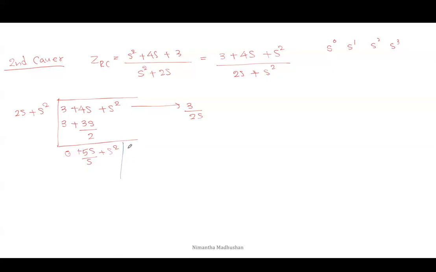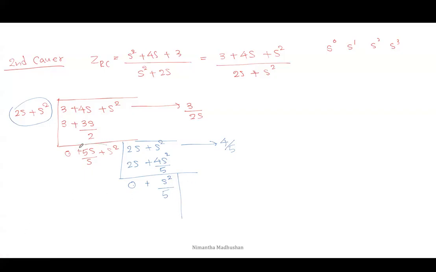Next, from 2s plus s squared, the answer is 4 over 5. And when I multiply 2s plus s squared by 4 over 5 and subtract, it is 0 plus s squared over 5.